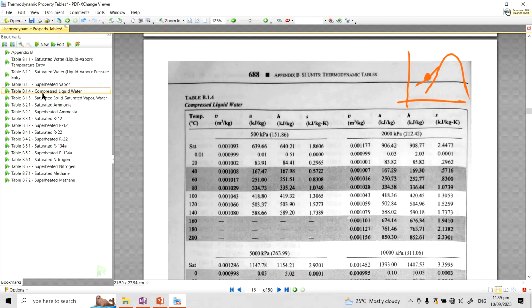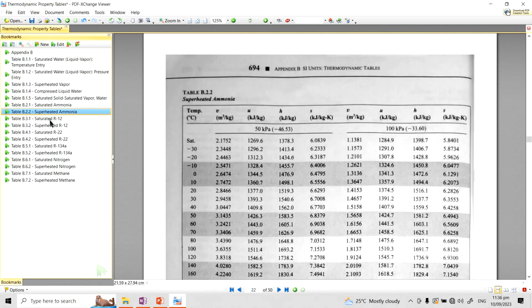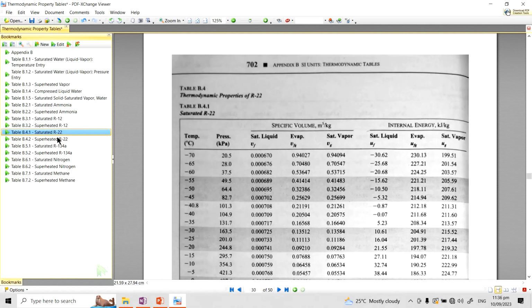And you will notice that for refrigerants, there's no data attached for compressed liquid refrigerants. So that means we have to use approximations for this if we need the data for the compressed liquid. Okay, so I think that's all for these thermodynamic tables, and now let's go back to our presentation.